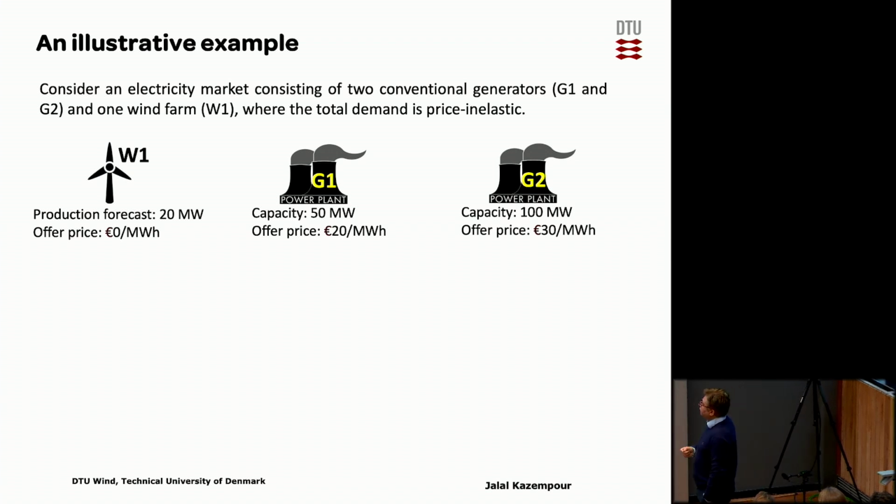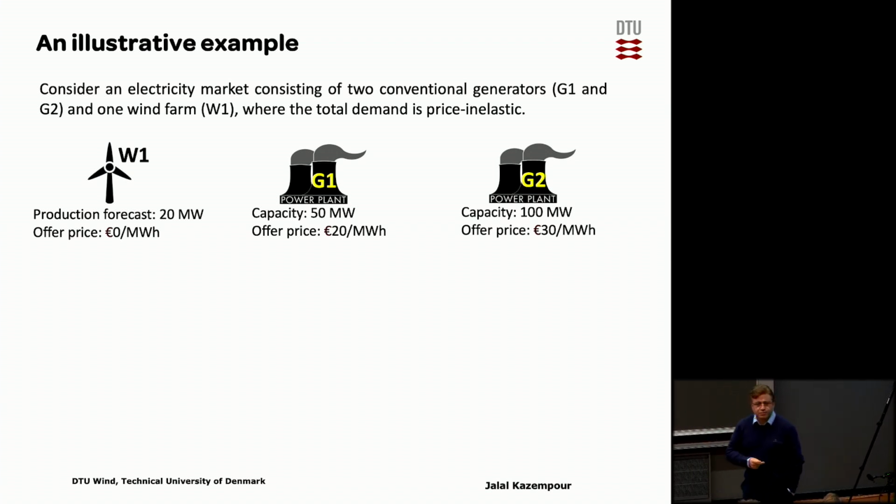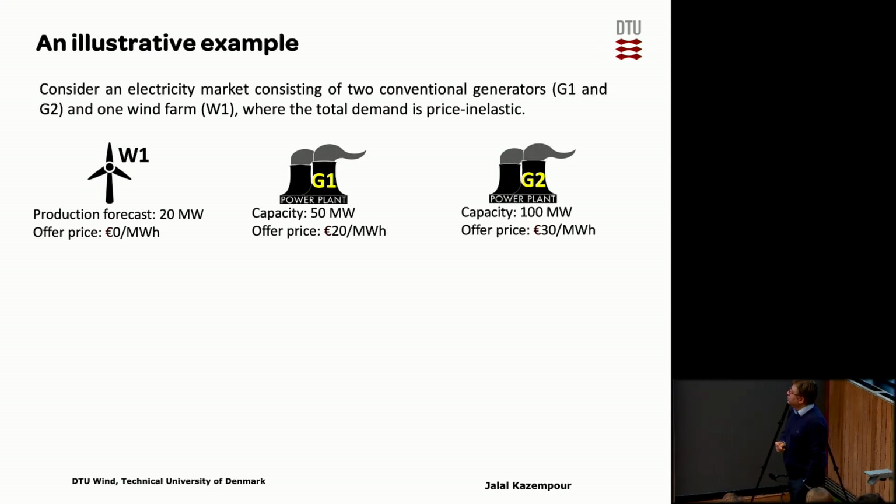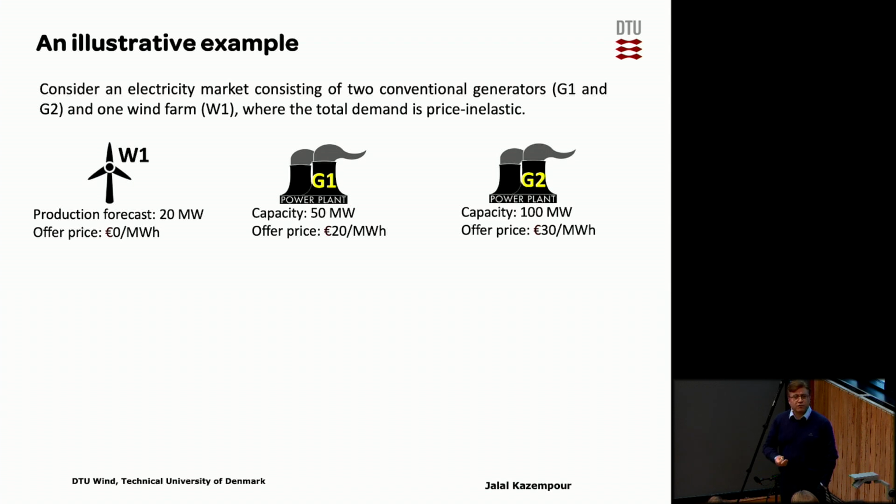And imagine the offer price of this wind farm is 0. Also, we have two conventional generators, G1, G2. G1, capacity 50 megawatt, offer price, and hopefully this offer price is the production cost, fuel cost of G1. It's 20 euro per megawatt hour. G2, more capacity, 100 megawatt, but also a bit more expensive, 30 euro per megawatt hour.